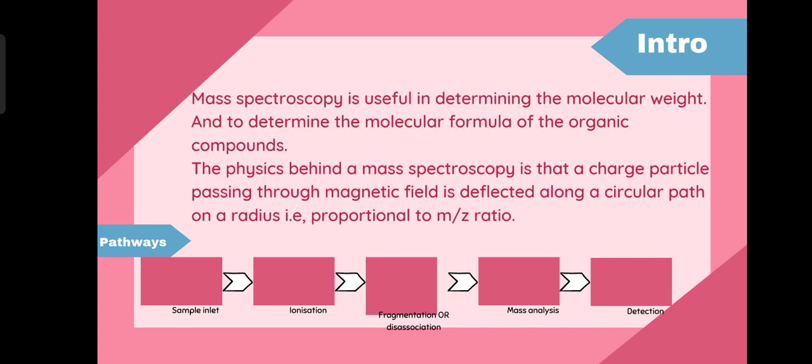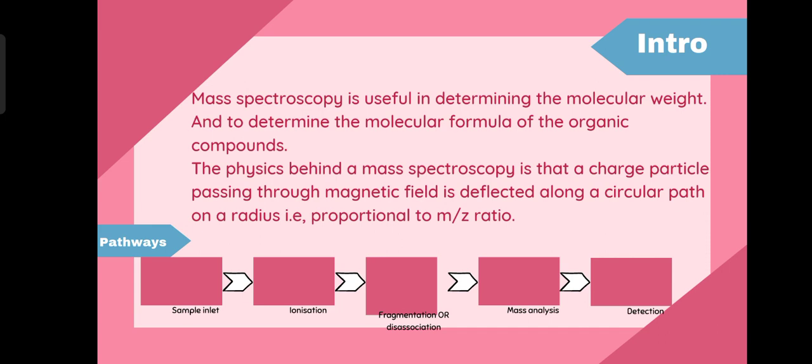The molecules coming from the HPLC and the GC system are ionized by various ionization techniques, and these ions are further allowed to pass across a magnetic field. Because of the electric and the magnetic field, these charged particles will deflect depending upon their masses, right?